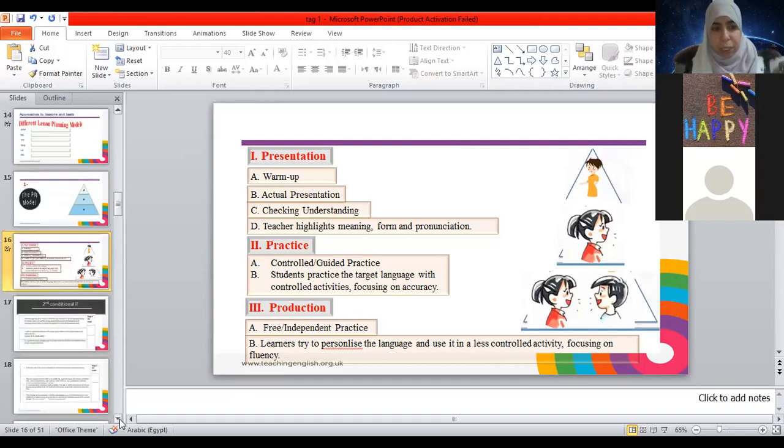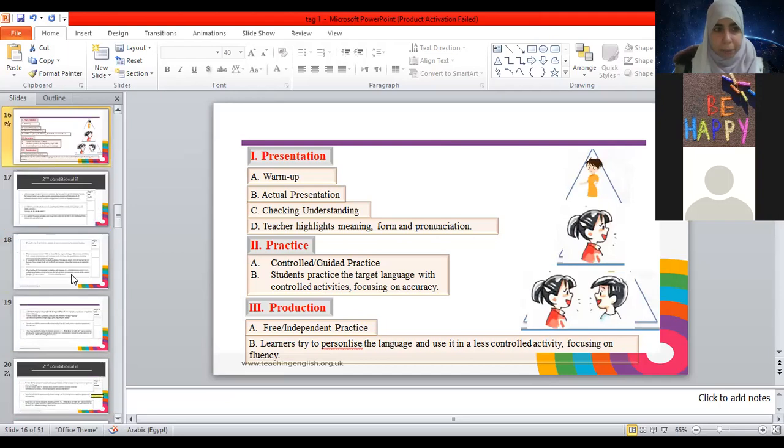Let's move to an example here, and you will tell me what the stage is, okay? So we have an example of teaching a grammatical rule, which is the second conditional. You will read the stage and tell me, is it presentation, production, or practice?